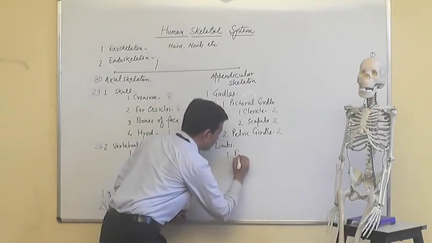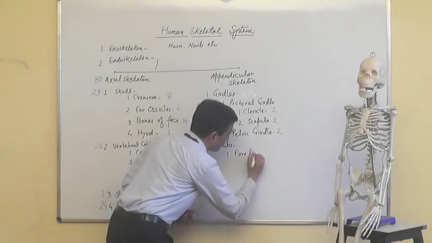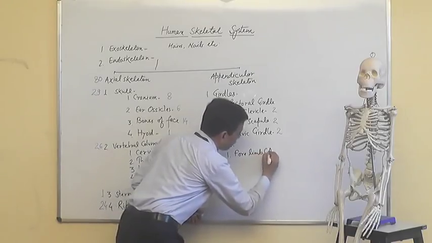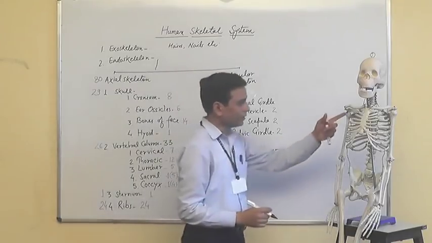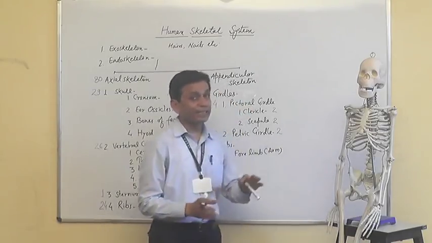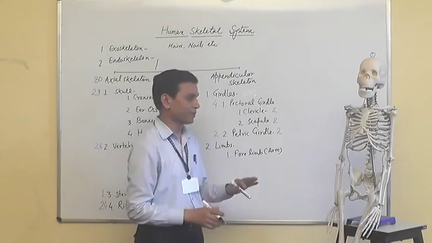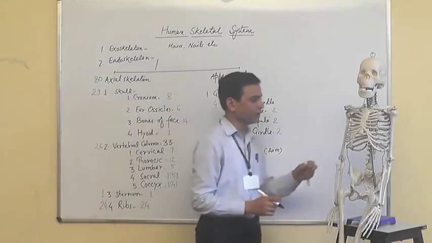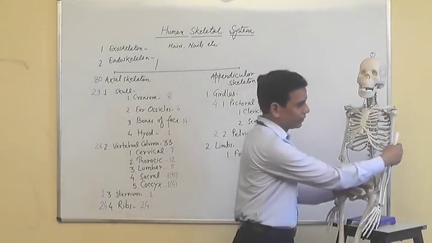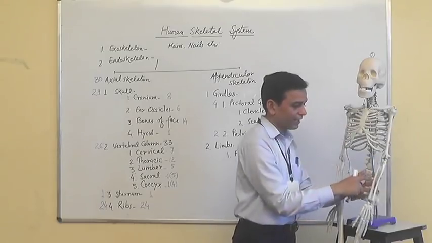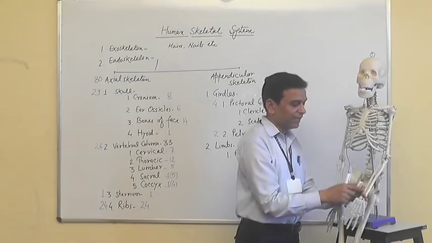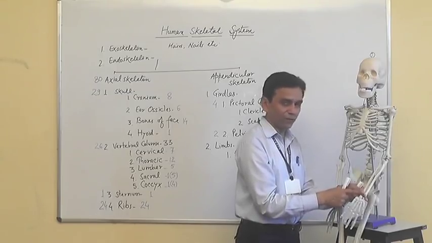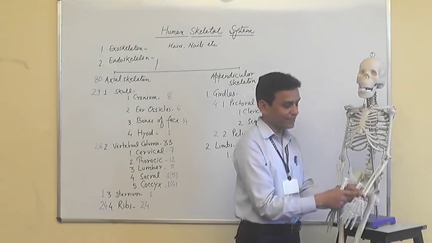So it consists of two pairs of limbs. One, that is forelimb or our arm. Our arm is made up of 30 different types of bones. Let us count these bones. 1 humerus, 1 radius, 1 ulna. Here 8 bones are present. These are carpals.